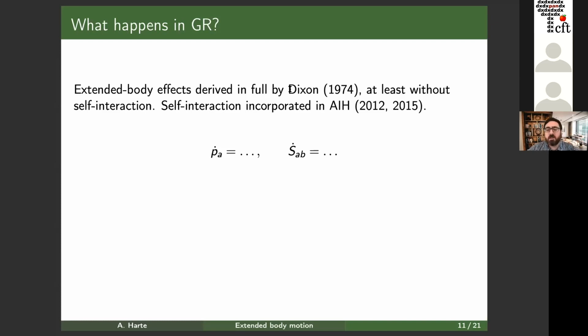Then it was taken up again, to simplify the history, by Dixon, who completed this work, if you like, in the 1970s. He was able to understand how all extended body effects work in GR to all orders. Originally, this was without self-interaction, and this has since been fixed or incorporated.